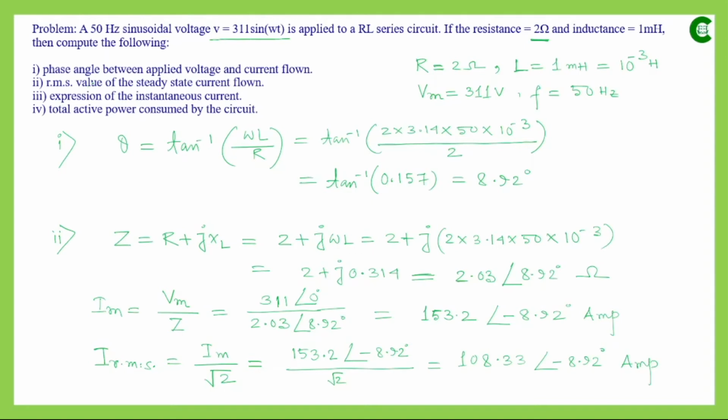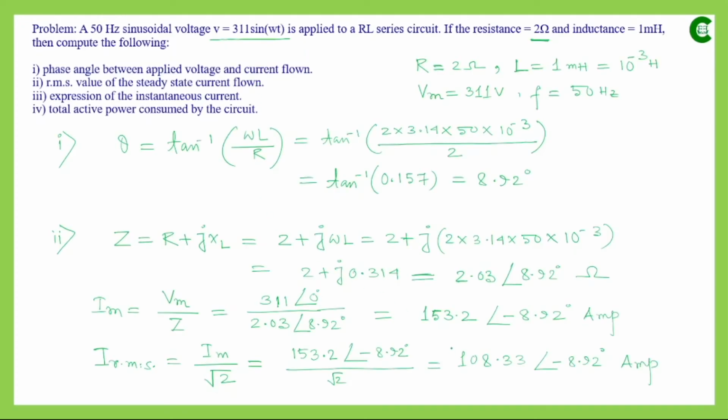Now the next is the expression of the instantaneous current. The third requirement is i. We express instantaneous current by small letters, so it will be i, equal to Im sine omega t, and since voltage has been taken as a reference, with respect to that current will lag, so it will be minus theta. The peak value of the current we have already obtained, and that is 153.2.